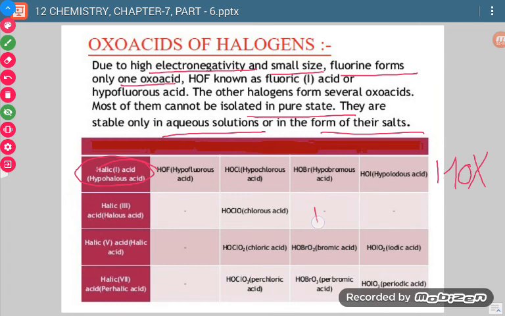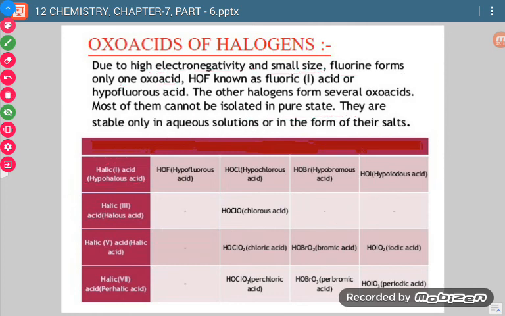Only chlorine forms this. Then halic acid means where the oxidation state is 5. So it is HClO3. Similarly, halic acid with 7 oxidation state, this forms HClO5.